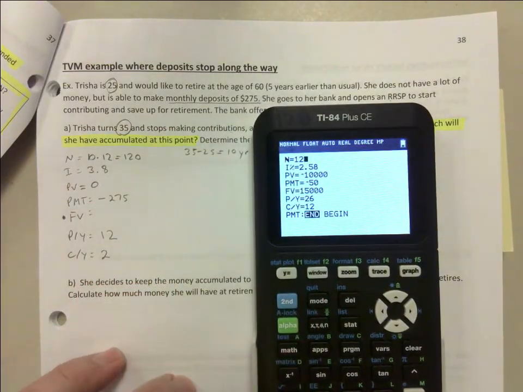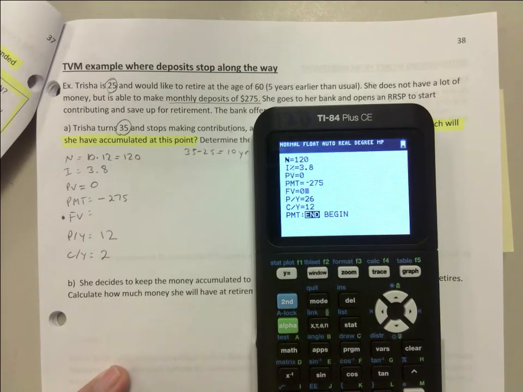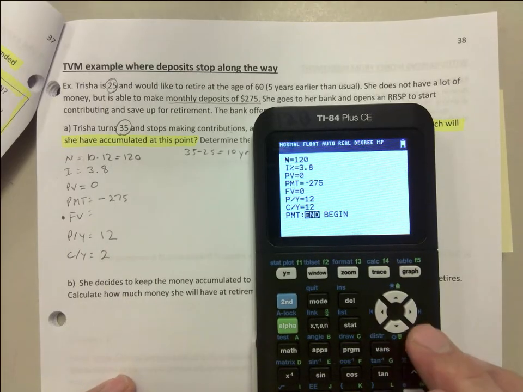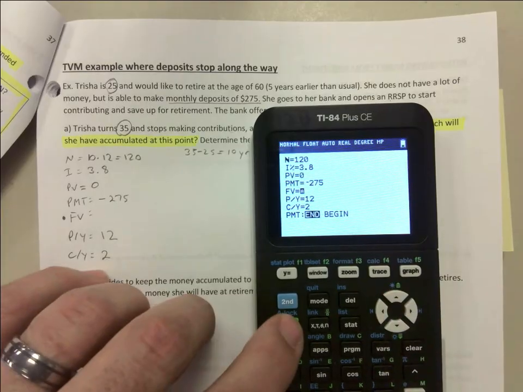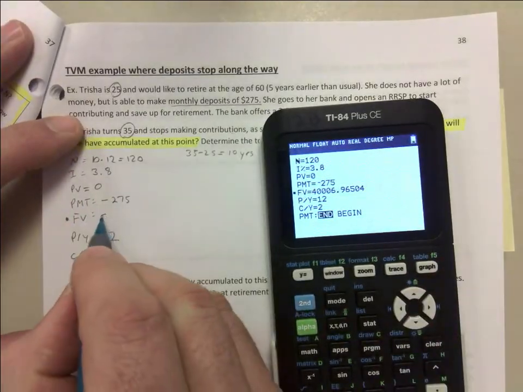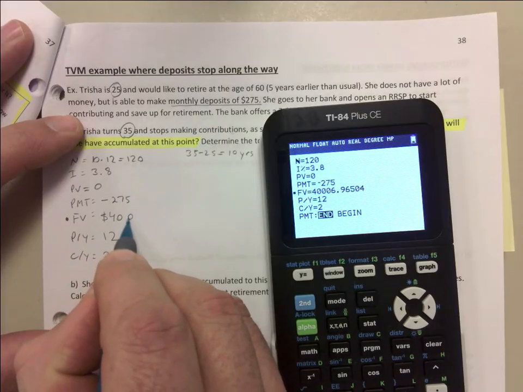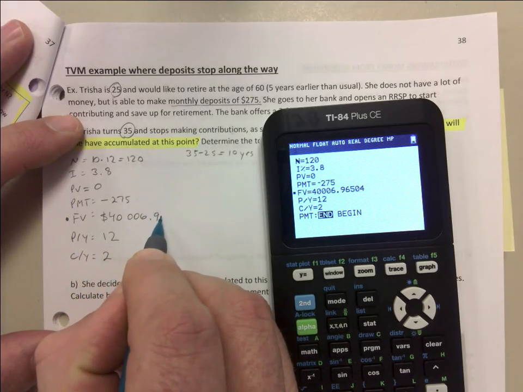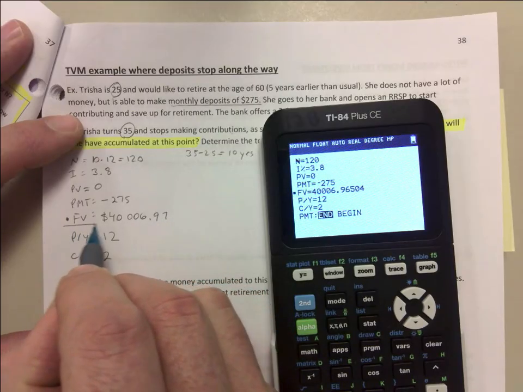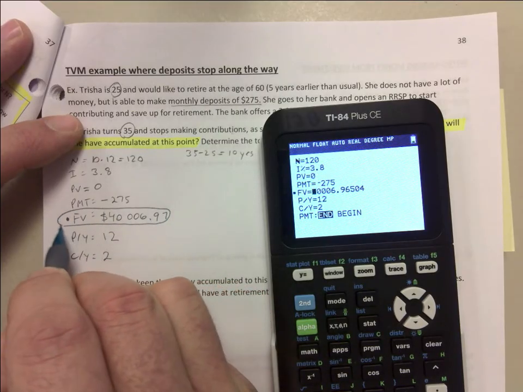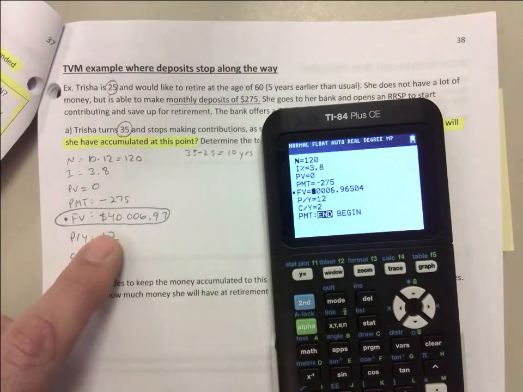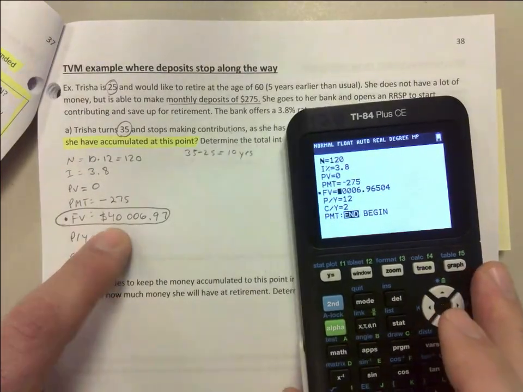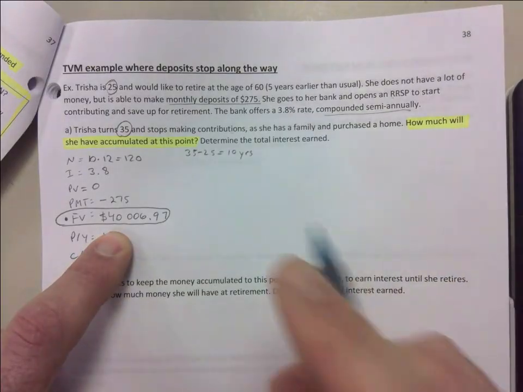Payment is that, 12 and 2. I figure out the future value, and it is $40,006.97. Make sure you have a dollar sign if one is needed. That's how much money was accumulated.